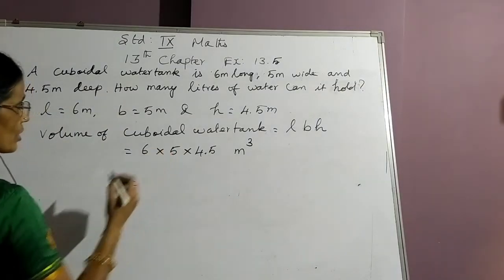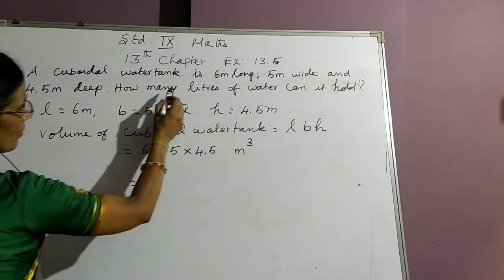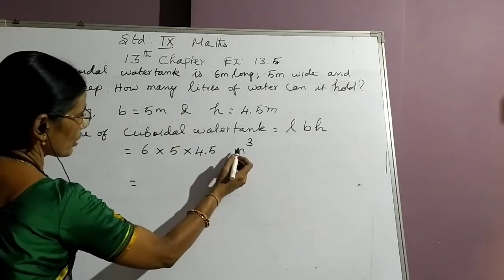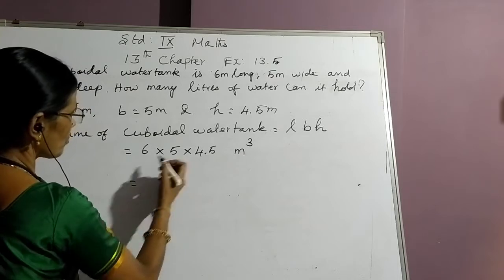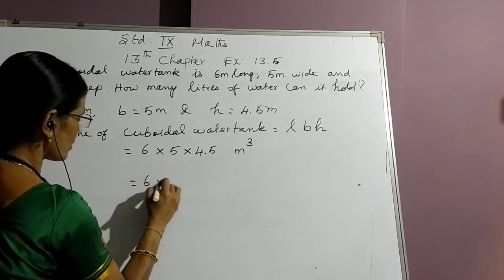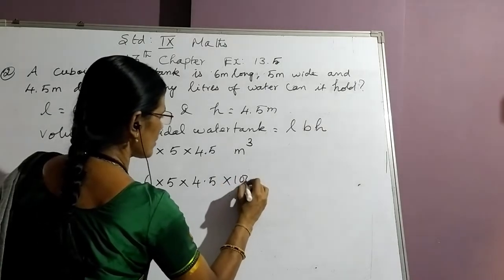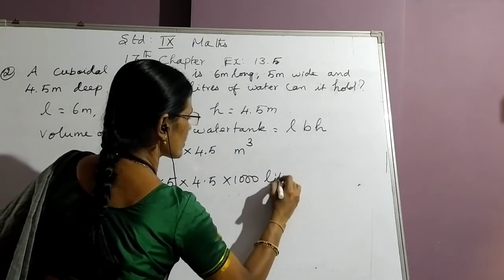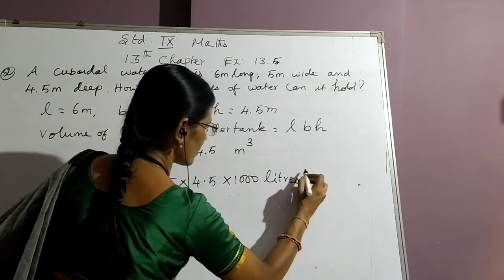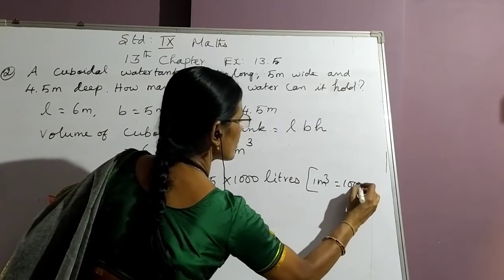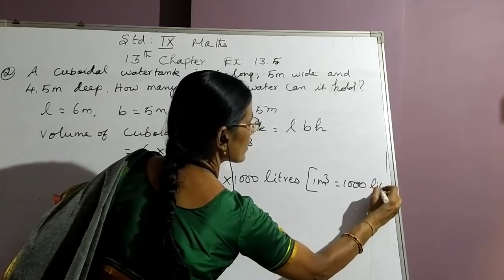But we are asked to find the volume in terms of liters. Remember, to convert meter cube to liters, we have to multiply by 1000. Therefore, it is 6 into 5 into 4.5 into 1000 liters. Remember, 1 meter cube equal to 1000 liters.